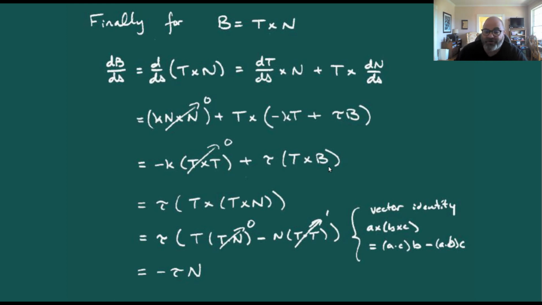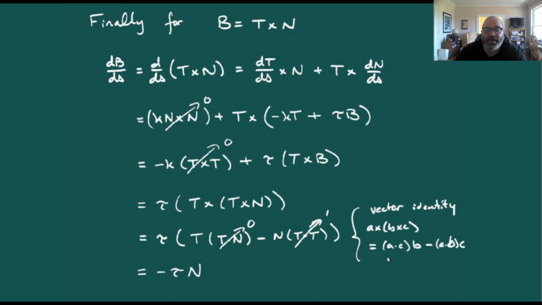Well, the binormal vector itself was a cross product, and so now I'm applying a vector identity. If we take the cross product of a vector that's already a cross product, it ends up being the dot product of the first vector with the third vector, scaling the second vector, minus the dot product of the first vector and second vector, scaling the third vector.